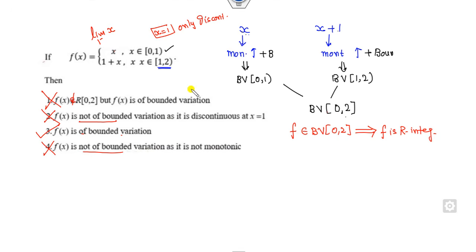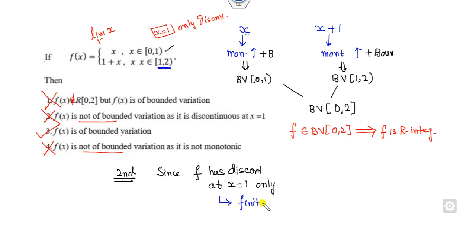Or the second method: since f has a discontinuity at x equal to 1 only, the discontinuities are finite, which means f is Riemann integrable. You can also see it this way, but if you know bounded variation implies Riemann integrable, you can also prove it that way. So this is what we saw in our last lecture, but the right answer is C.